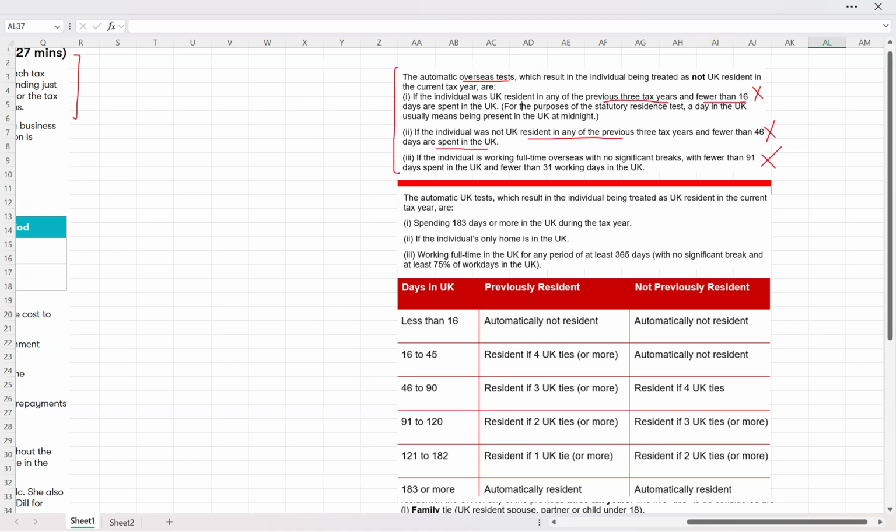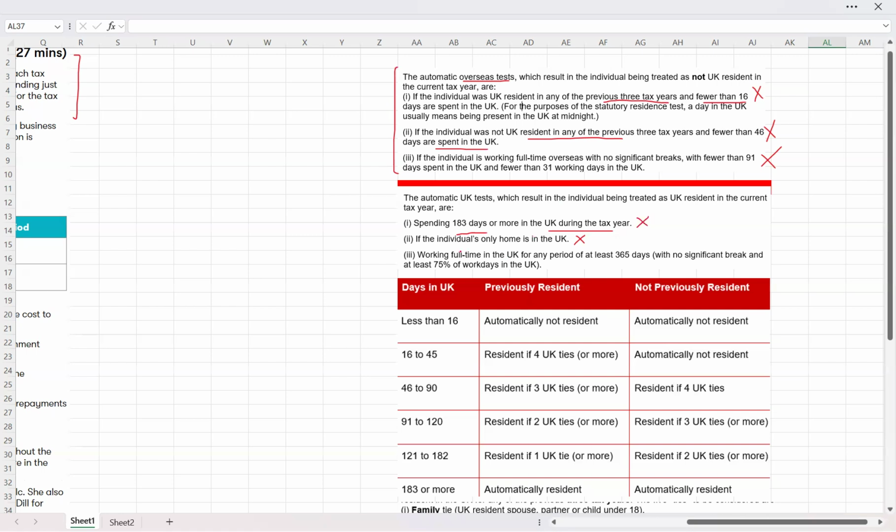Now we're looking at the automatic UK test. Here the first requirement is spending 183 days or more in the UK during the tax year. This is not correct because Dill spent about 305 days outside the UK. If the individual's only home is in the UK, that is also not correct because Dill has accommodation in the UK and accommodation outside the UK, a house in the UK and a house outside the UK.